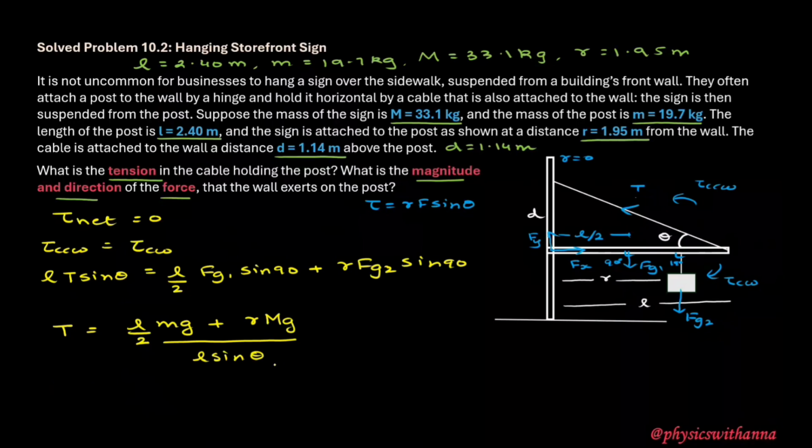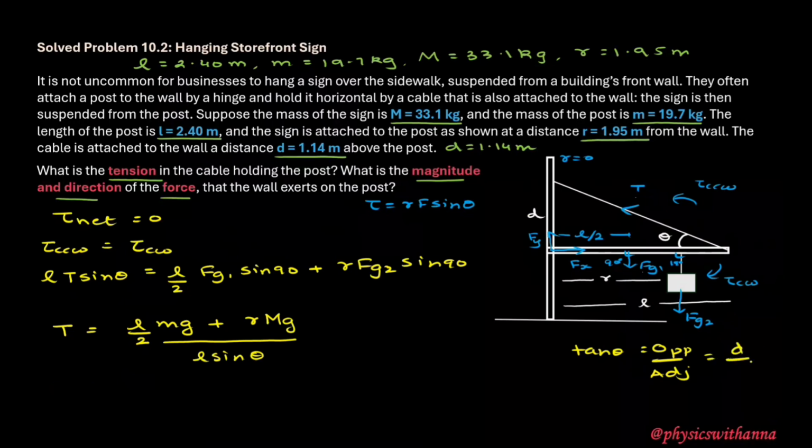Now we have everything we need here except for the angle theta. Theta is over here and we can find the value of theta using a trigonometric ratio. I know the side which is opposite to theta, d, and I know the side adjacent to theta, which is L. So we will use tan inverse to find theta, because we know tan theta is opposite over adjacent.